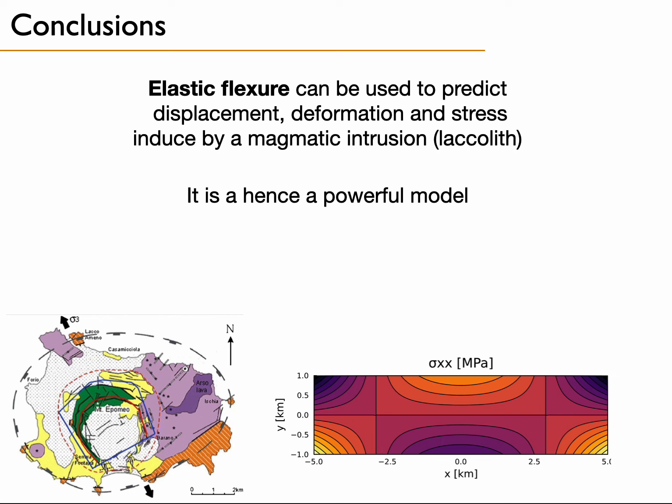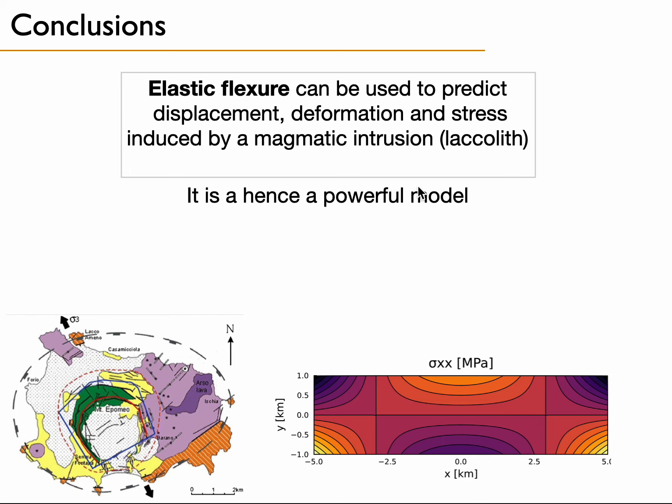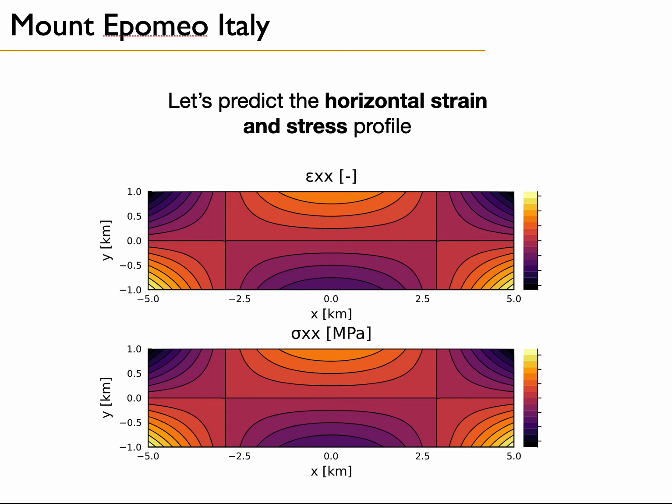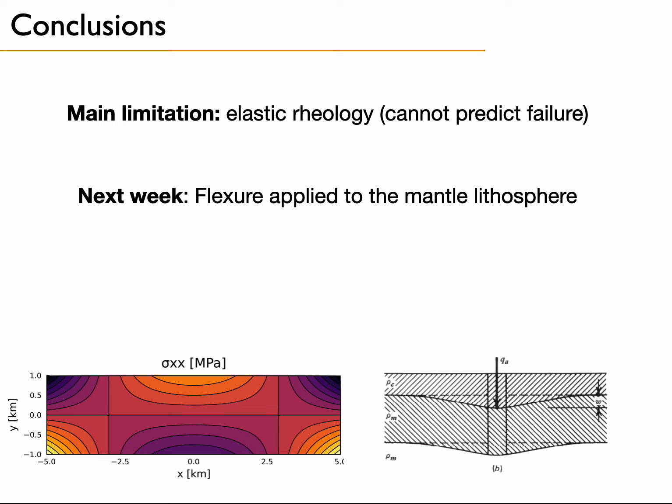So as a conclusion, elastic flexure can be used to predict the displacement, deformation, and stress induced by a magmatic intrusion. So here we saw the case of the laccolith. It is a powerful model, which is very popular, and it allows to predict already a lot of things, but it also has some limitations.